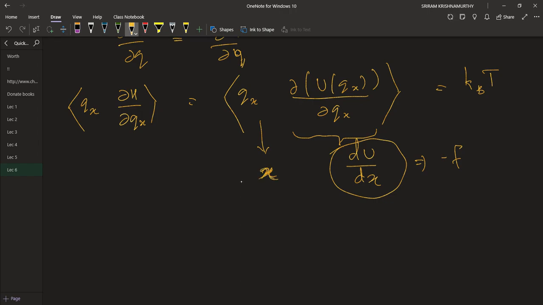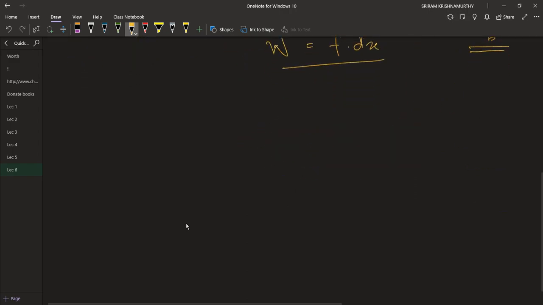We know that the work done on a system is given by F dot dx, right? So in a general sense, we are going to calculate the work done on or by the system, and then represent it in terms of thermal energy, that is kBT, right?